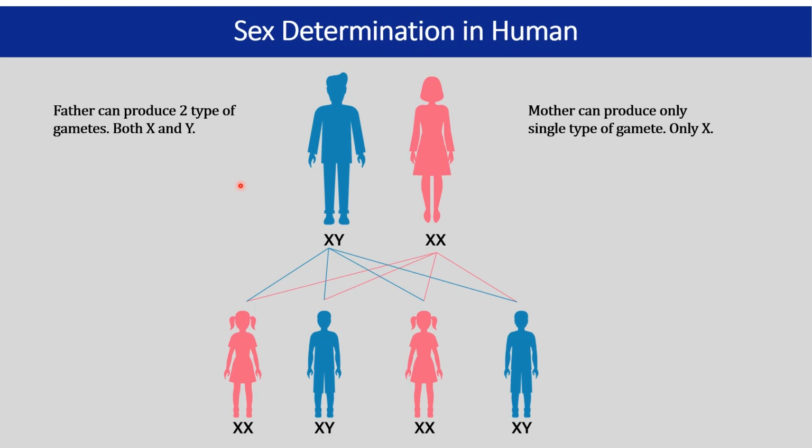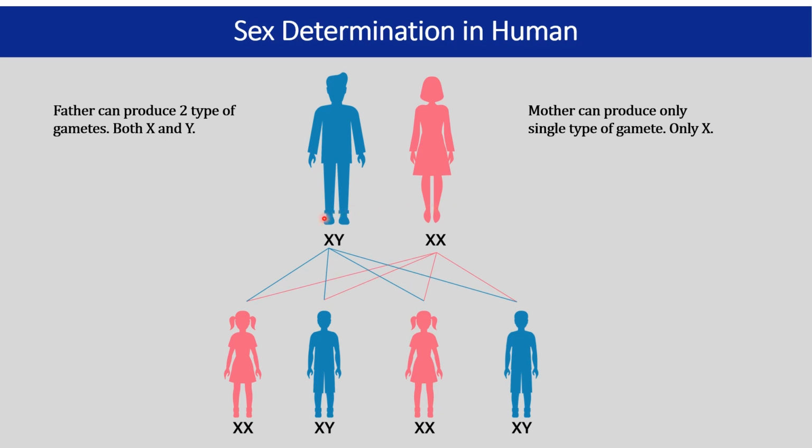So let us understand how sex is determined in humans. As you know, in humans the male has one X chromosome and one Y chromosome, and in the female the sex chromosomes are X and X. That means the male can produce two types of gametes, one carrying the X chromosome and another carrying the Y chromosome, whereas the female can produce only a single type of gamete, which carries the X chromosome.